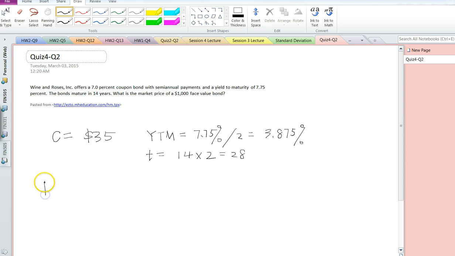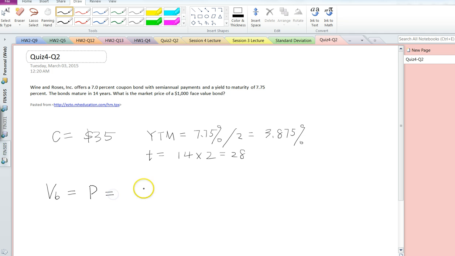So bond value, the intrinsic value of a bond, VB, as we said, generally equals the price if investors are rational.